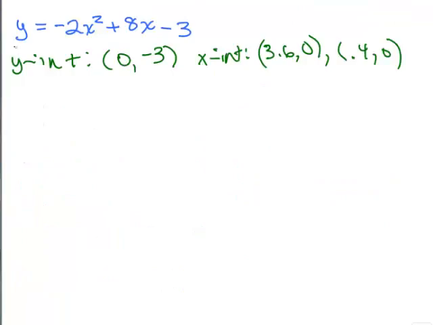So let's put that together. Here was our original equation of the parabola, y equals negative 2x squared plus 8x minus 3. Keep in mind that the parabola is going to go down because it has a minus in front of the x squared term. We've got the y-intercept of (0, negative 3) and the x-intercepts of 3.6 and 0.4, which are approximations, of course. Let's see the basic idea.